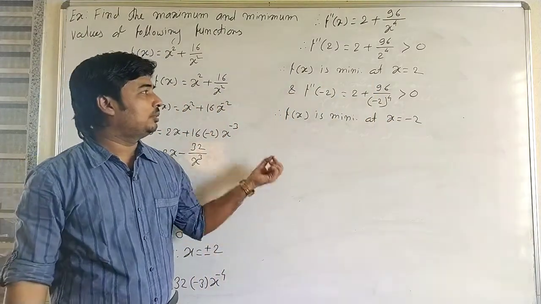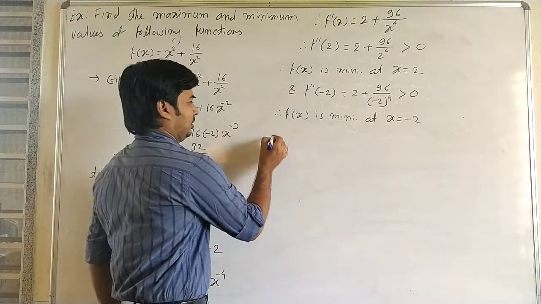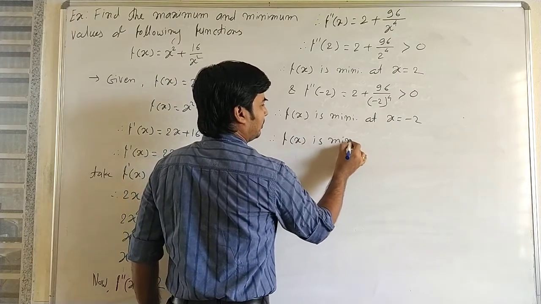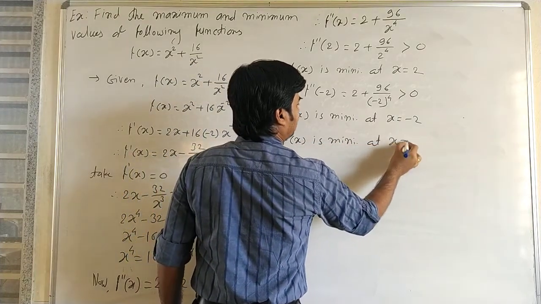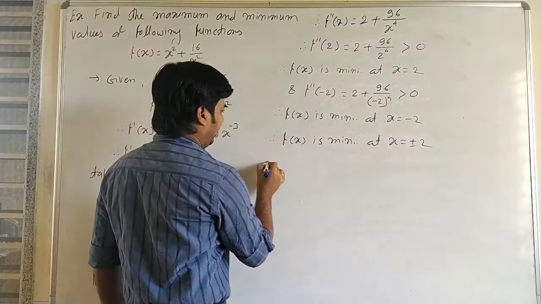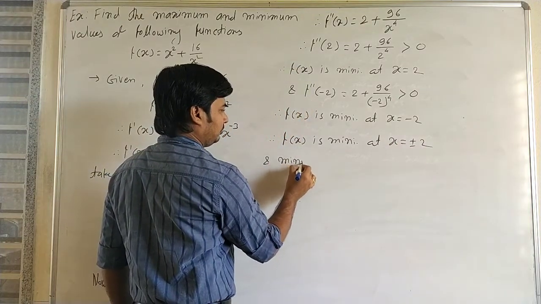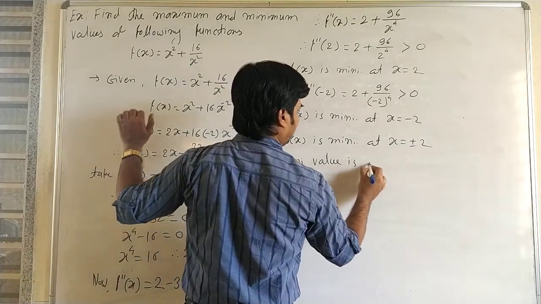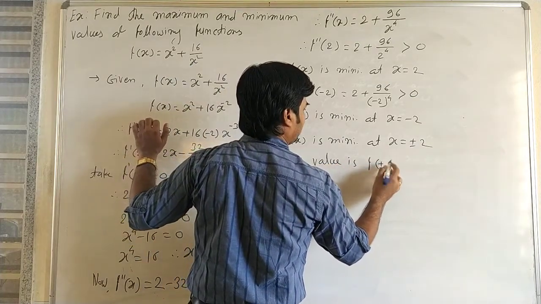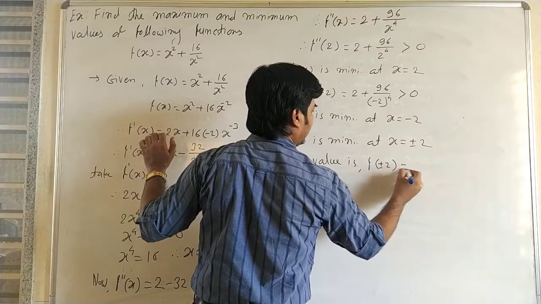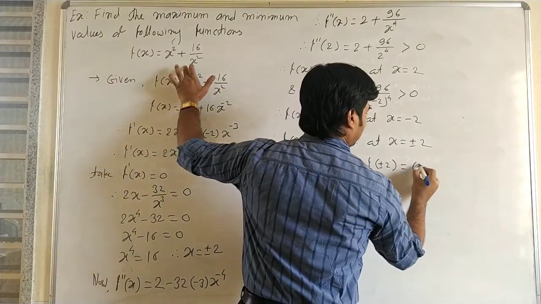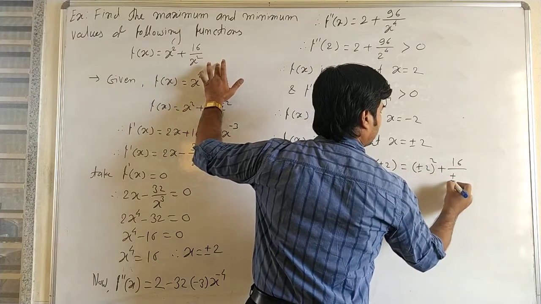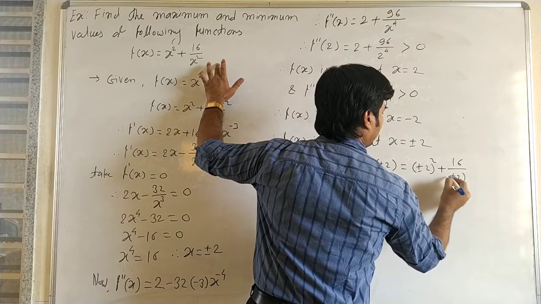Therefore f of x is minimum at x is equal to plus or minus 2, and minimum value is f of plus or minus 2, which is plus or minus 2 whole square plus 16 upon plus or minus 2 whole square.